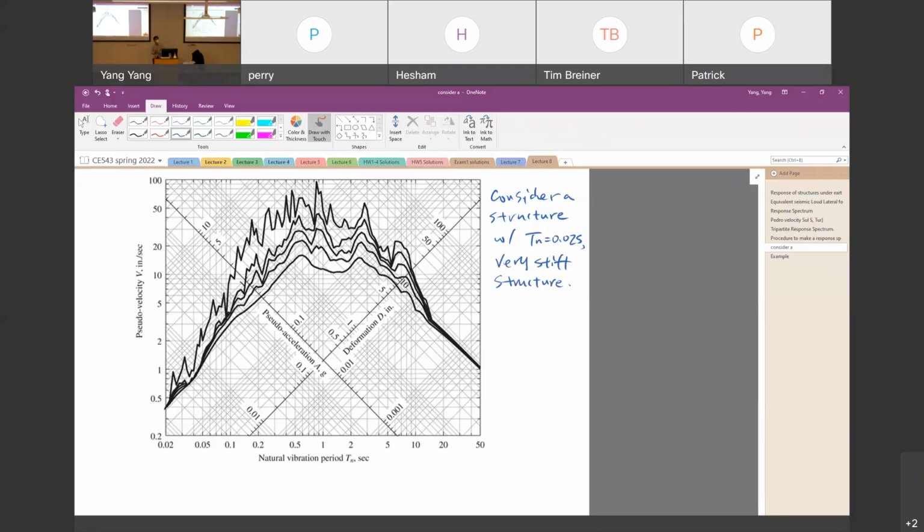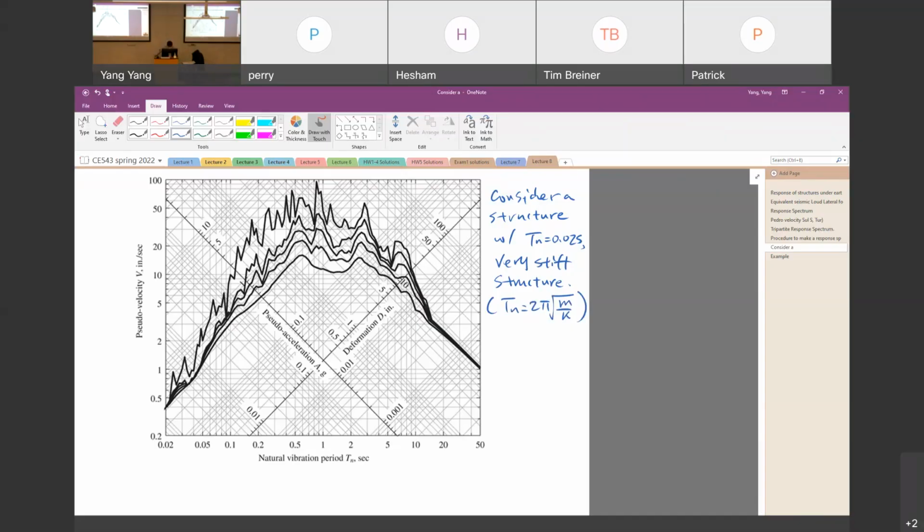Do you agree with me? Because Tn is equal to 2π times the square root of m over k. Since Tn is very small, that means the stiffness is very high.